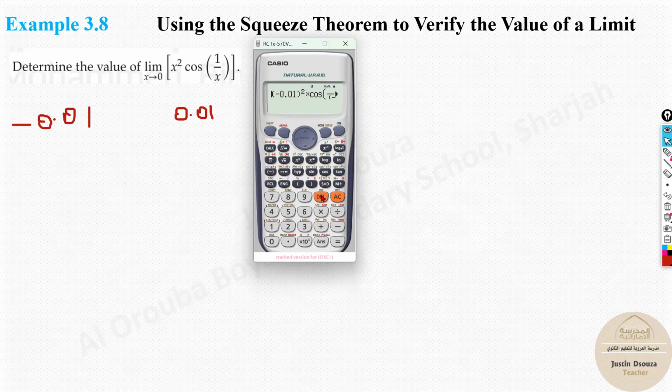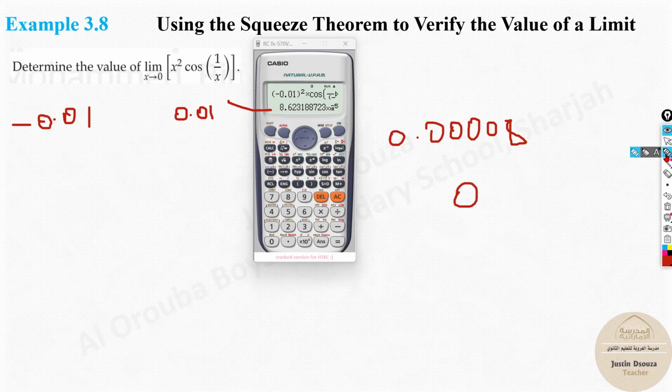I shouldn't have this cos over here. It's negative 0.01 the whole square. Now it's all right. What's the answer? Now look at this, 10 to the power minus 5, right? So it is basically 0.00008. By 5 you have to take. So 1, 2, 3, 4, 5. Yeah, so this is the answer.